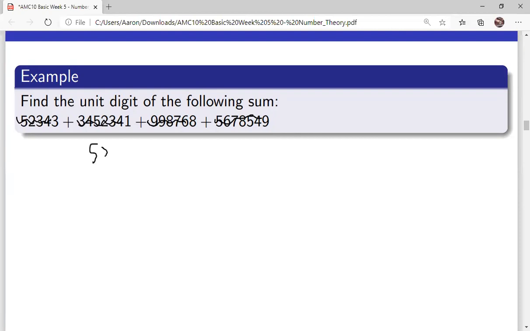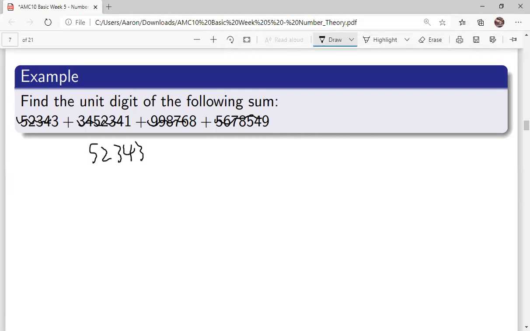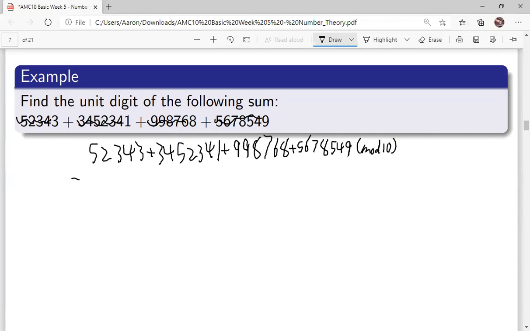So 52343 plus 3452341 plus 998,768 plus 5678549 mod 10: this is congruent to 3, this is congruent to 1, this is congruent to 8, and this is congruent to 9.